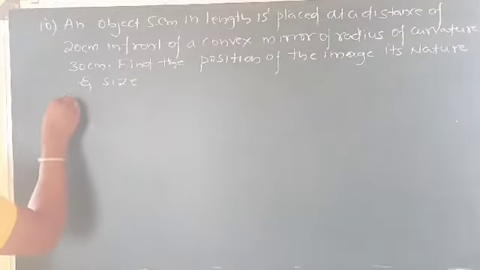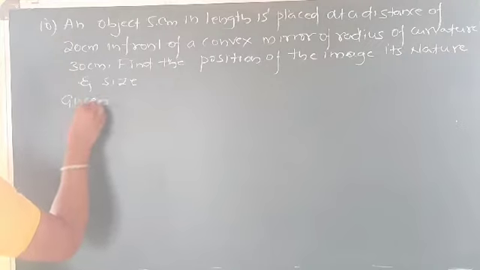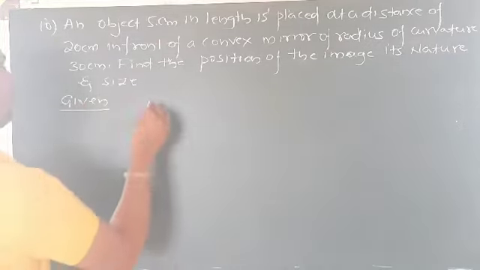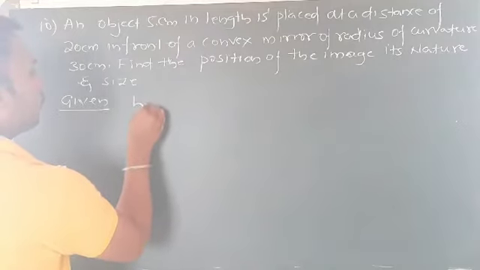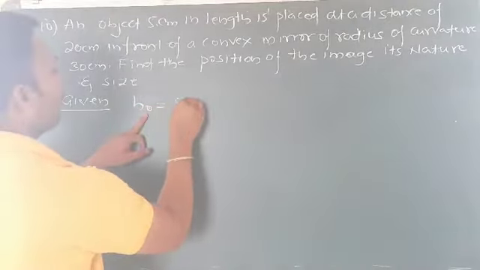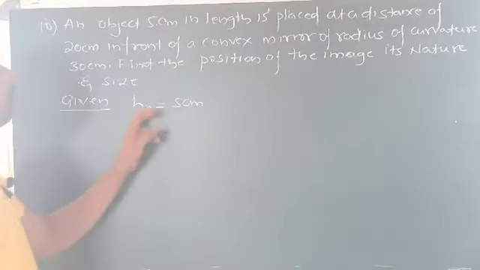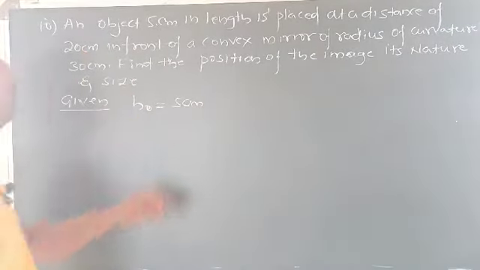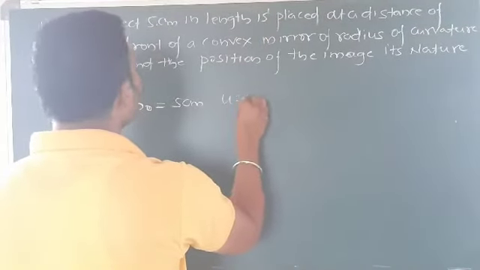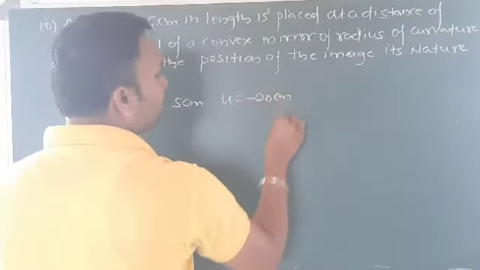Now given: an object 5 centimeter in length, so they have given ho, the height of the object, 5 centimeter. Now 20 centimeter is placed in front of a convex mirror, so that means u is equal to minus 20 centimeter.